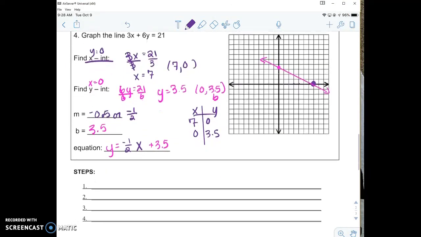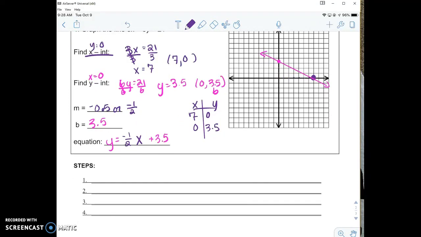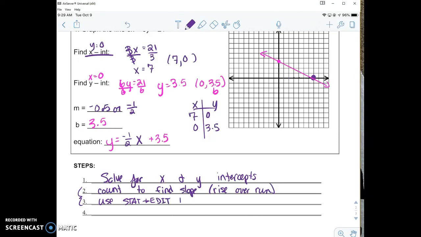So in summary, my steps when in standard form are to first solve for x and y intercepts. Next, I need to either count to find slope, so that's rise over run, or if I have decimals, I'm going to use Stat, Edit to find slope.